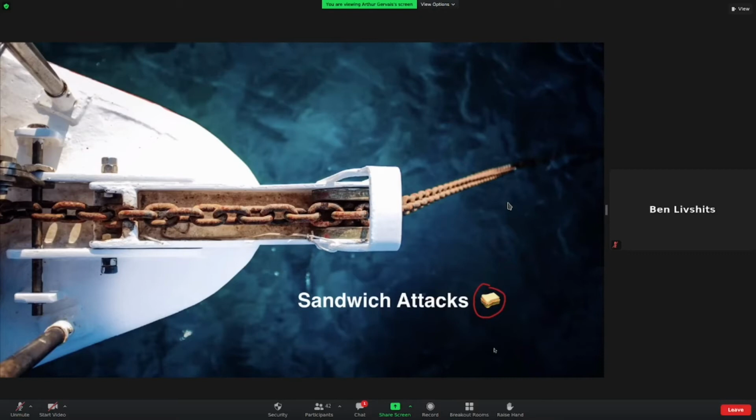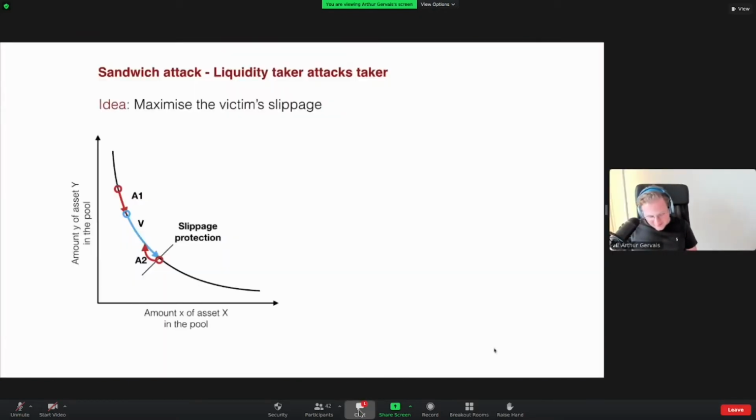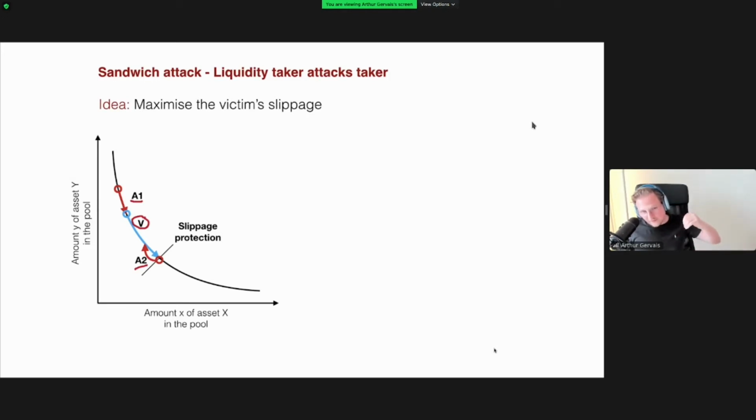I mean, the main message is that you have a victim that you squeeze between one adversary transaction and another. So you can think of building a sandwich, right? There's a transaction A1 that you put in front of the victim transaction V, and a transaction A2 that you put behind it.